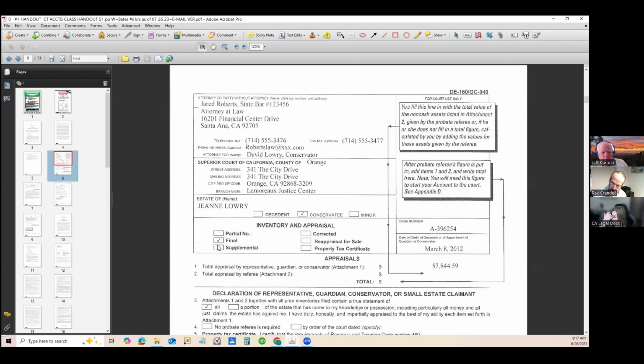Sometimes I have to be careful, because they're marked final but they're not the full final, because they did a partial first and then a final second. If they only show me the final, I'm only getting a piece of what may be all of the assets, right? So I still verify that I have all the assets.